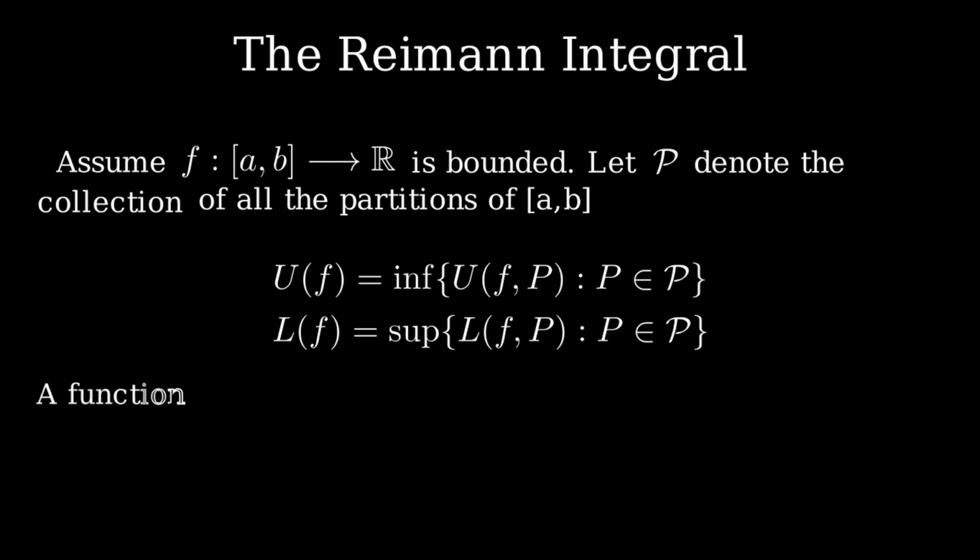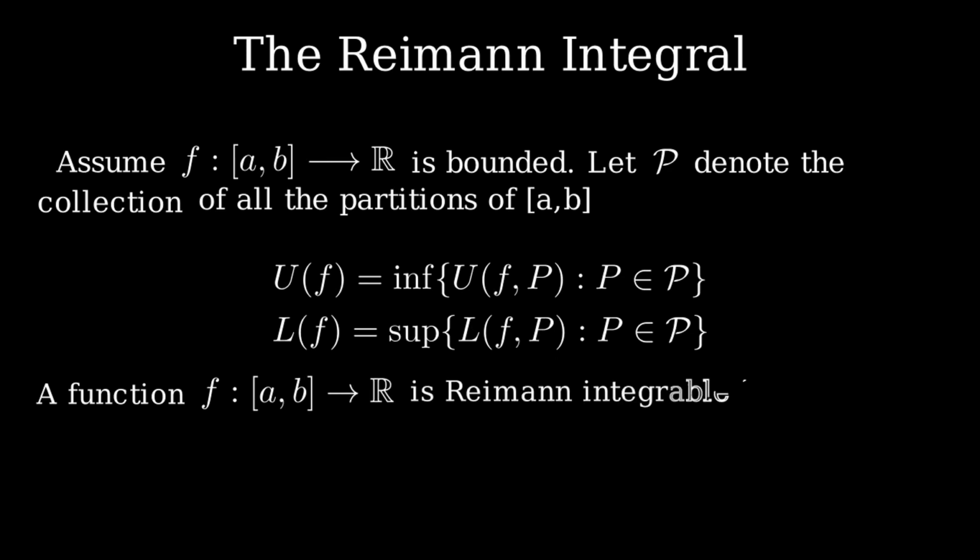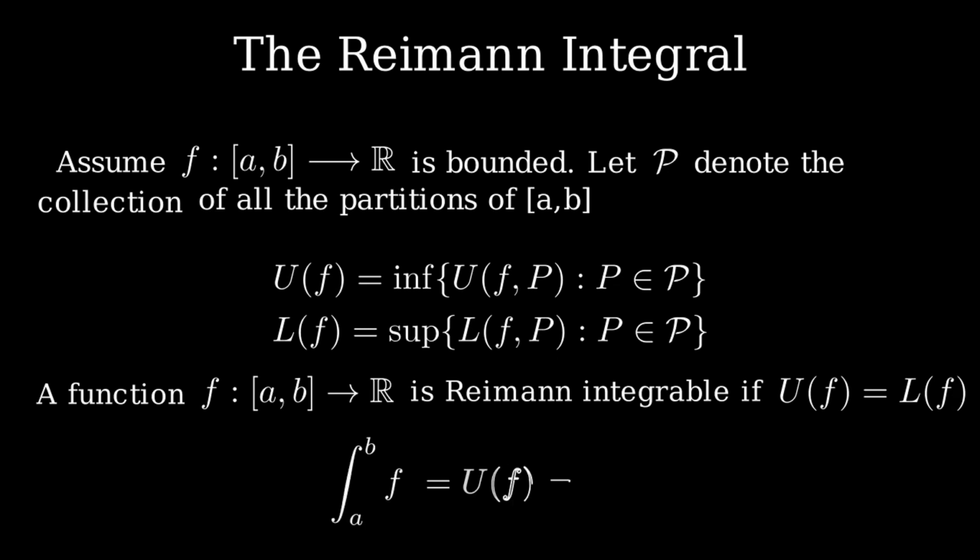Therefore, in the case where U(f) and L(f) exist and are equal, we say that the function is integrable on the interval [a, b], and we denote this as follows. Therefore, in order to compute the integral with this definition, we would have to compute U(f) and L(f), and if they are equal, the integral will exist and will have value of U(f), or what is the same, L(f).